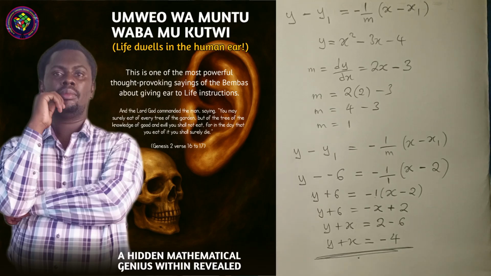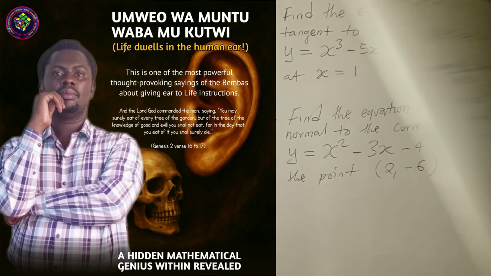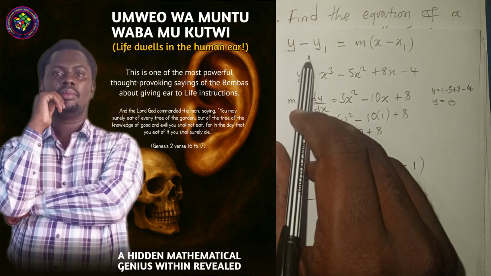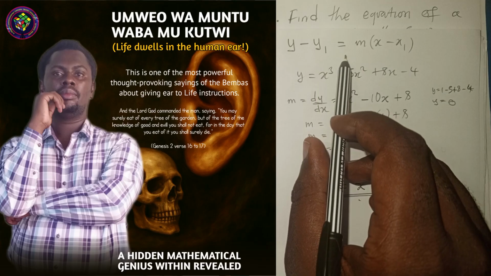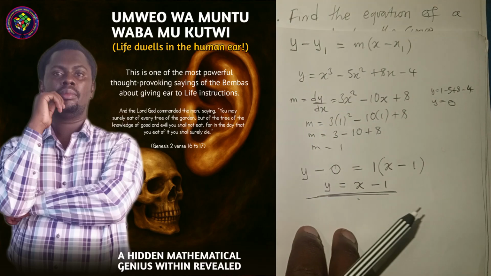So when you are told to find the equation of the tangent, the equation form is y - y1 = m(x - x1).